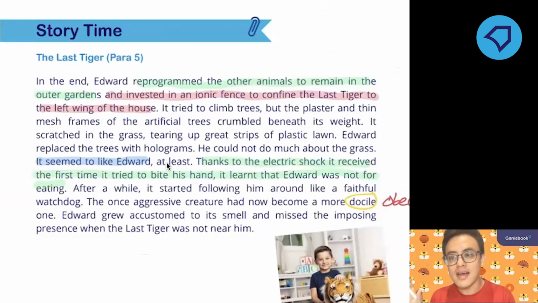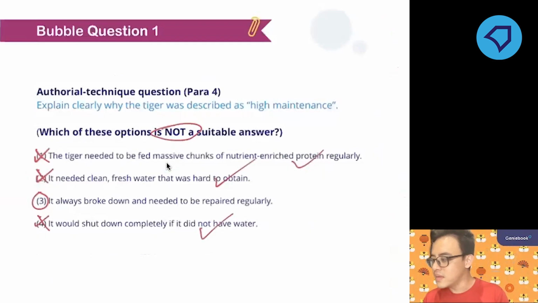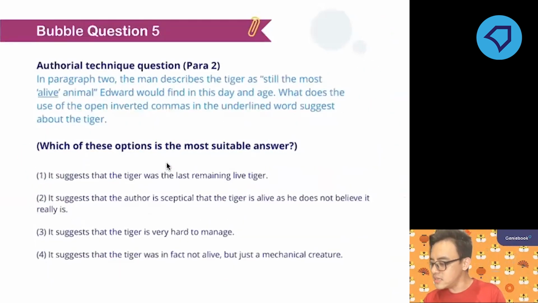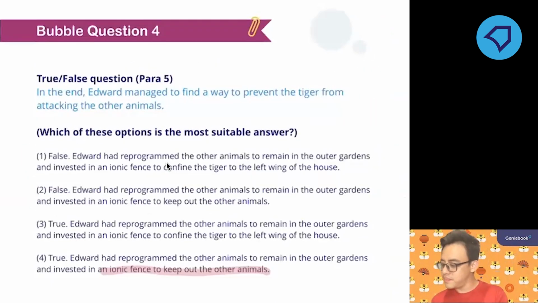Not to keep the other animals out, but to keep the last tiger in. So your evidence here, this part, is wrong. The scary thing about true-false is that everything needs to be correct. The front part is correct, but the back part is wrong for number 4, so it makes the entire thing wrong.